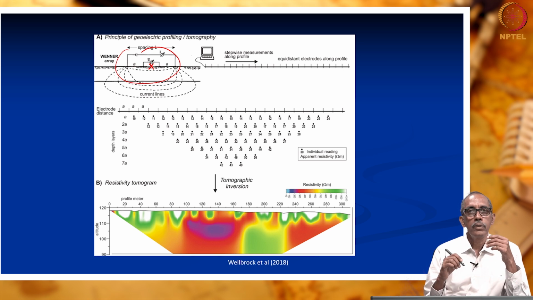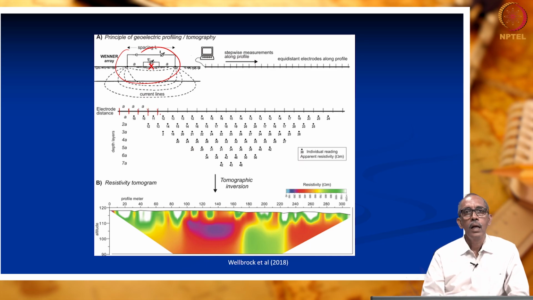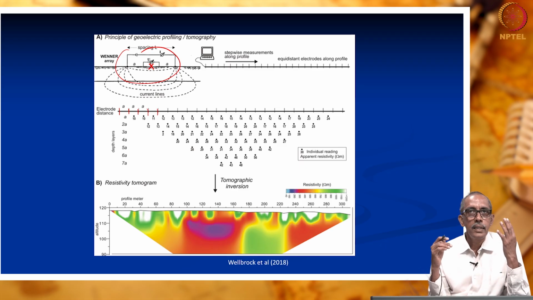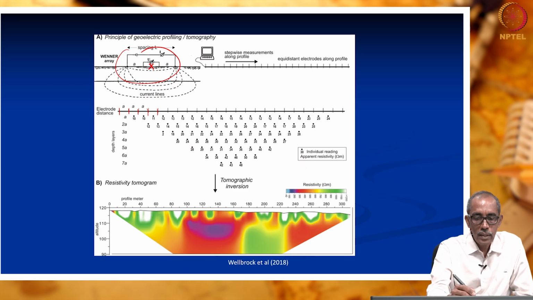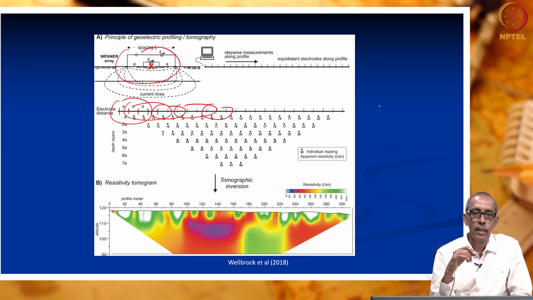In order to achieve this much more easily, at the field site, these are all our locations of electrodes, and we may make use of just a simple 4 electrode system. What we do, we first keep it at these 4 locations, take measurement, then at these 4 locations, by progressively moving these 4, we are completing profiling, right.